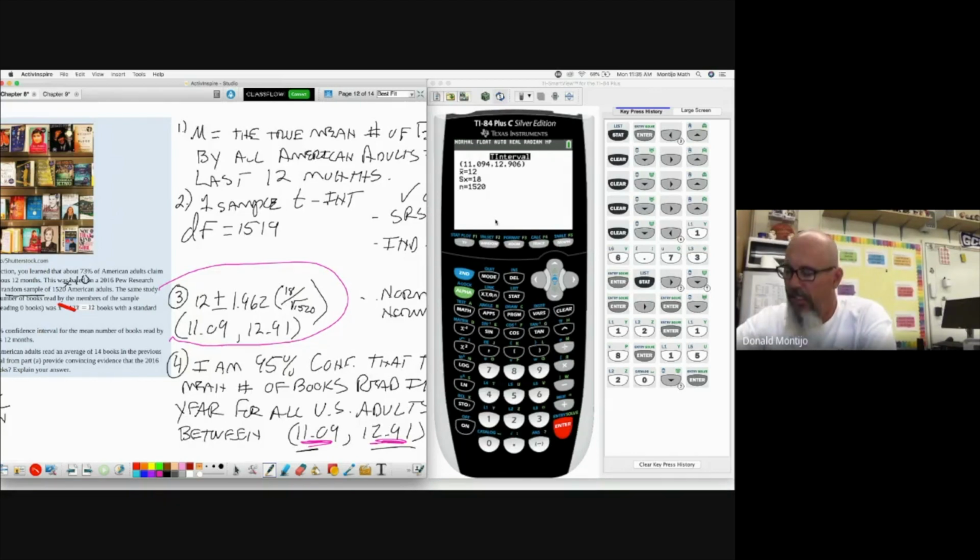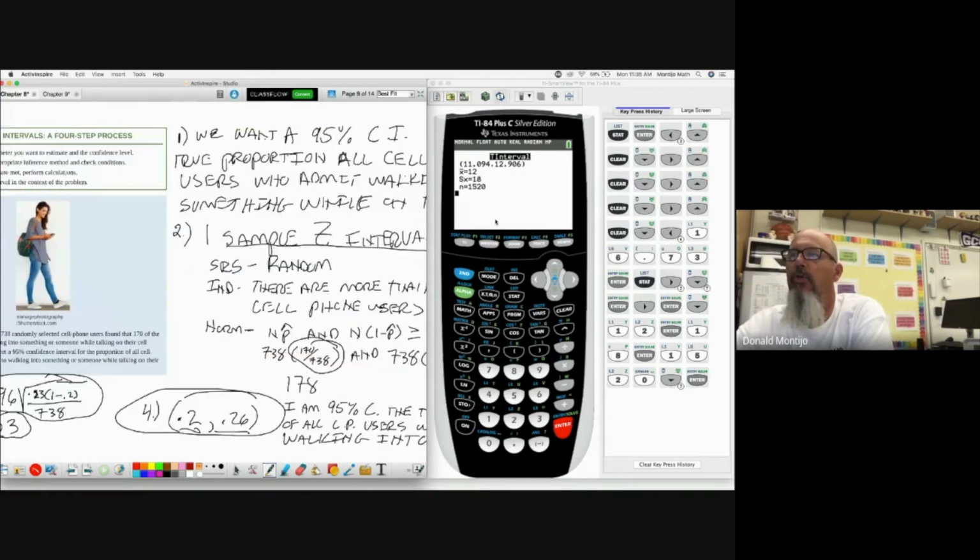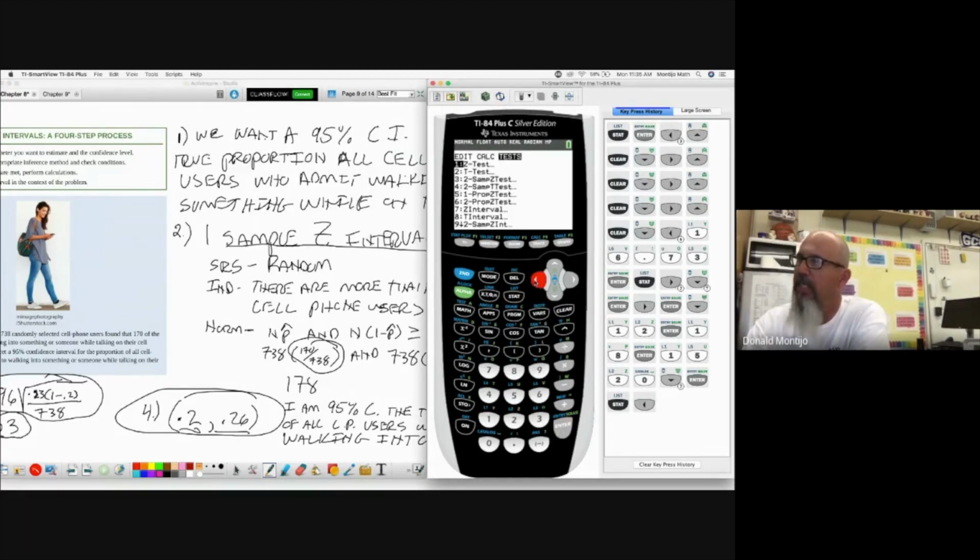Since I messed up earlier, let's take a look at doing a one prop Z interval. So let's go back on the calculator. Let's go back to this confidence interval that we did for the proportion of adults who run into something while on their phones. So if I go to stat, remember I'm not calculating anymore. Now I'm running tests. Whoops, I clicked two prop Z test.